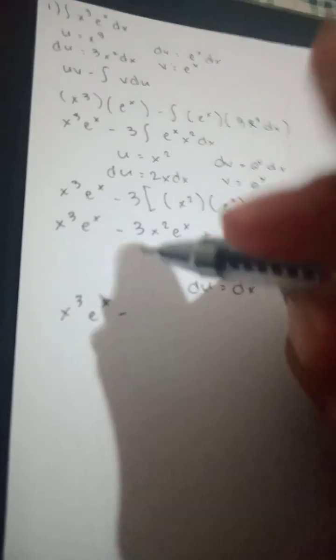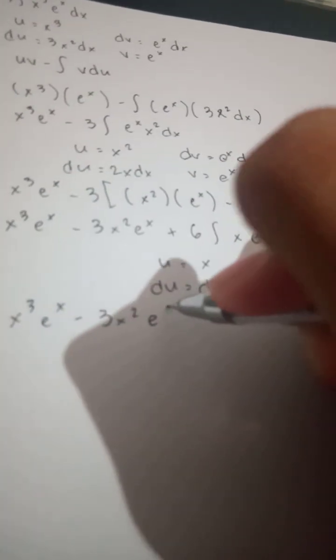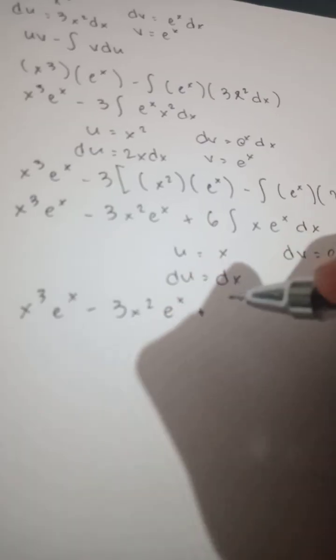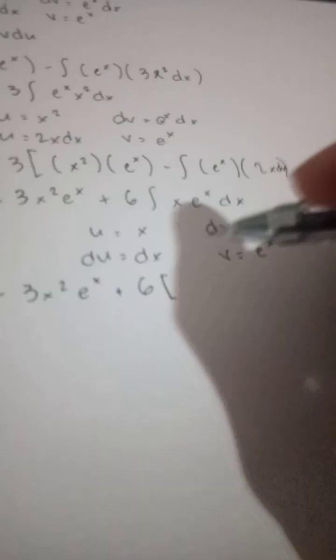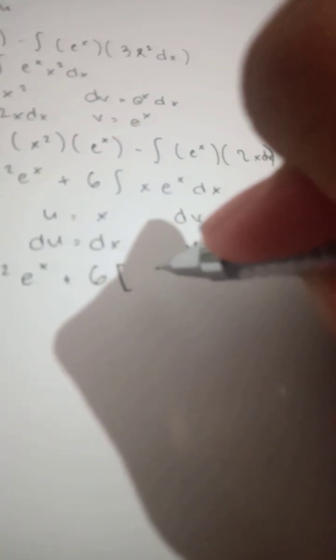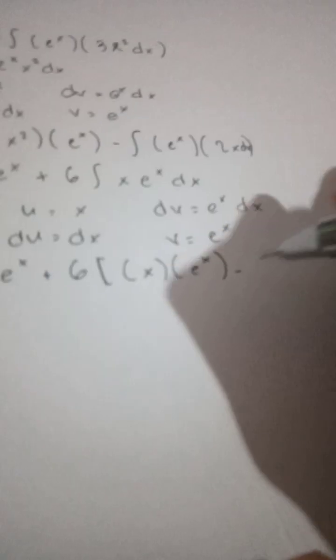Now we shall do it again, uv minus the integral of v du, it's going to be like this.